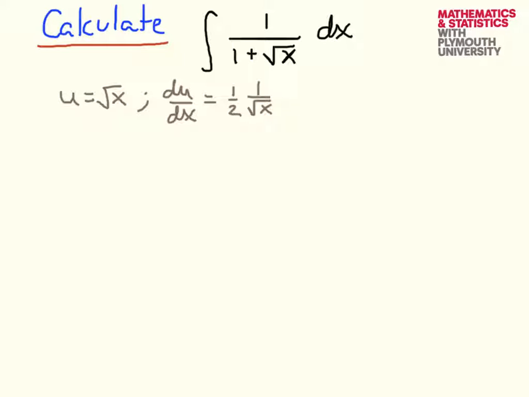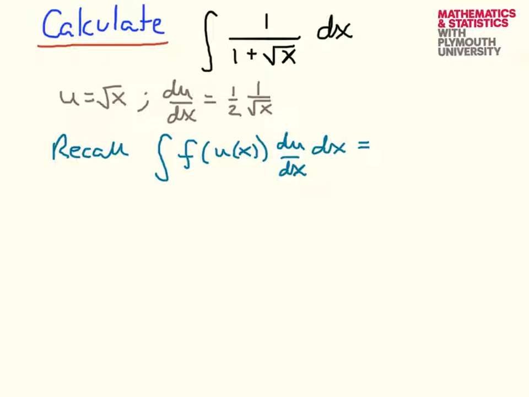Now, let's also recall the key formula that follows from the chain rule, that if you have an integral of some function of a function written in terms of a variable x, and it's multiplied by du dx, and then it's integrated with respect to x, this can be calculated by just integrating our function of u with respect to u, and at the end we replace in the integral u by u of x.